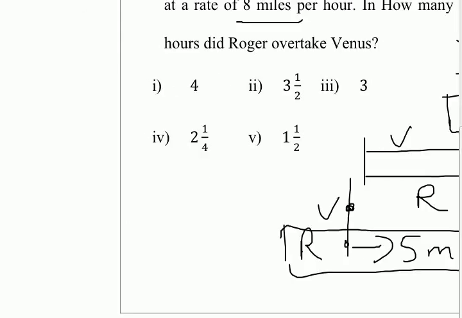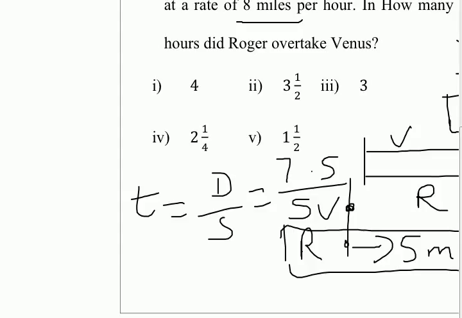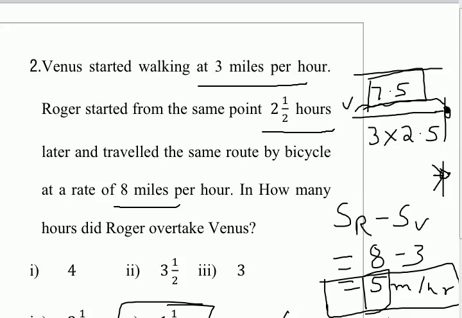So let's use our simple equation. Speed is equal to distance by time, so time is distance by speed, which is equal to 7.5 by 5, which is really 1.5. So there you go, that's the right answer.